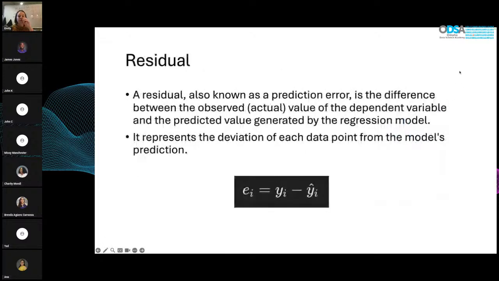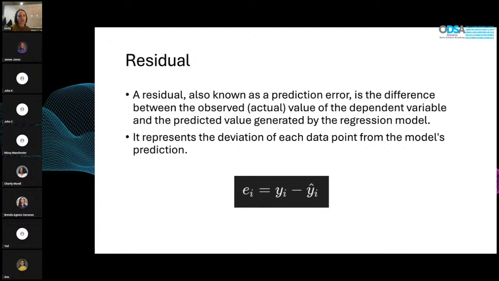I realize I should take a minute here to talk about something which we've been using this whole time. I've been calling them errors, but sometimes you might hear them called residuals. So a residual is also known as the prediction error. Sometimes it's referred to as e sub i, and it's the difference between the y and the y hat. So it's y minus y hat.